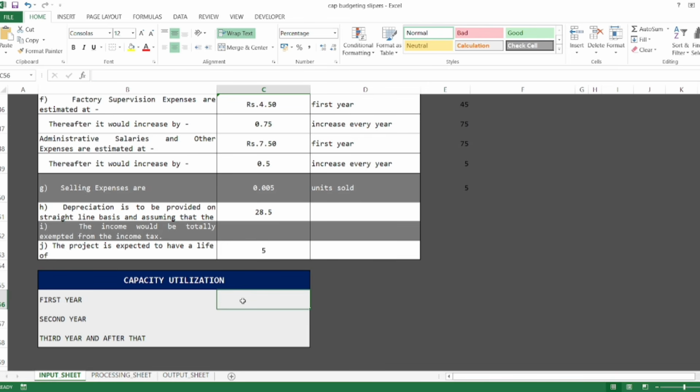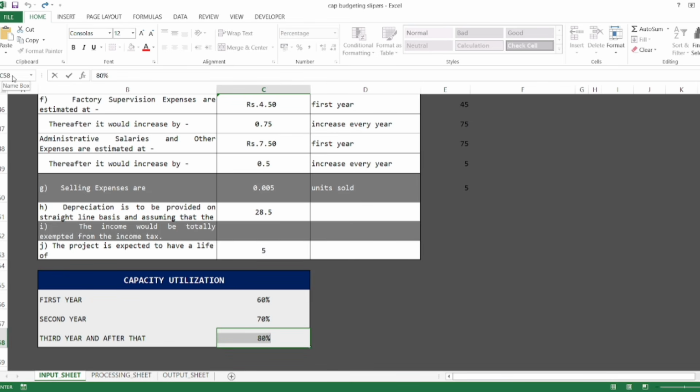So we'll write the numbers here, 60%, and also we'll rename each cell as first year, second year, and third year.